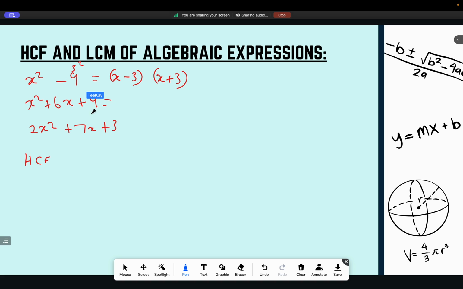And this one is x plus 3 and x plus 3, and this will give us x plus 3 squared.